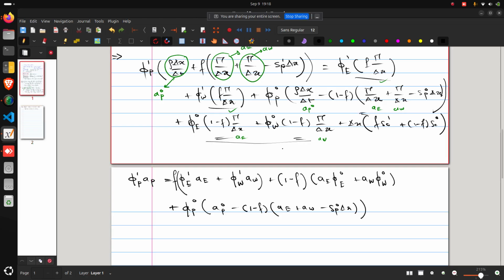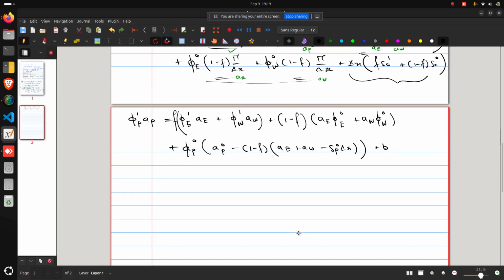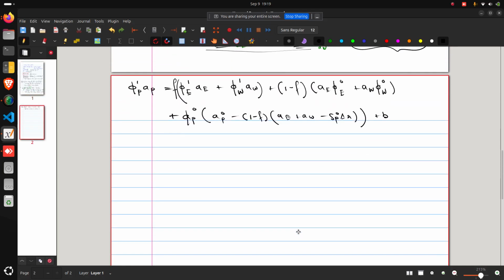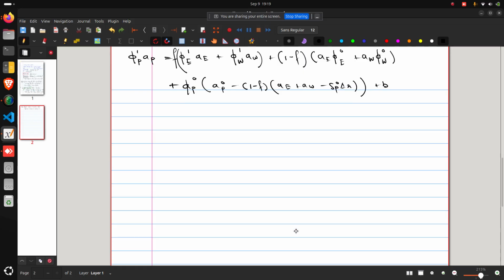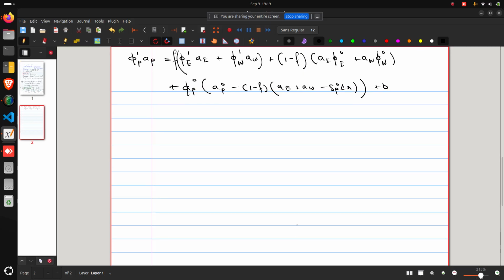This is also done. Oh, sorry. And we'll just write it as b, which is nothing but this term, right? Okay, so now we have some interesting formulation.